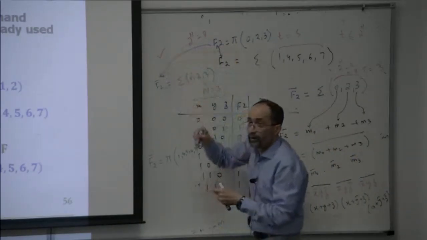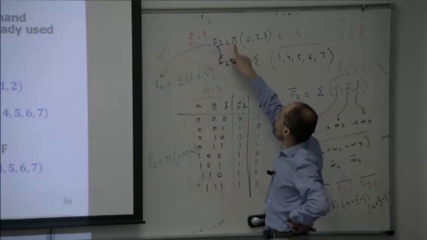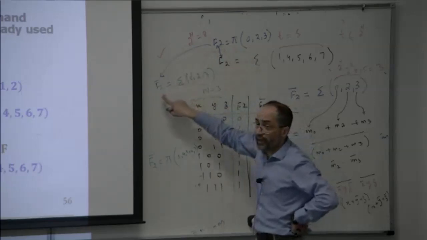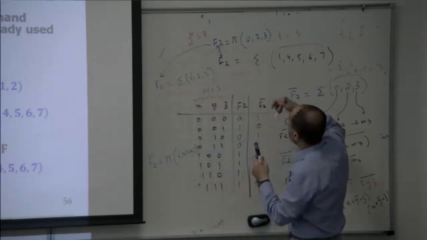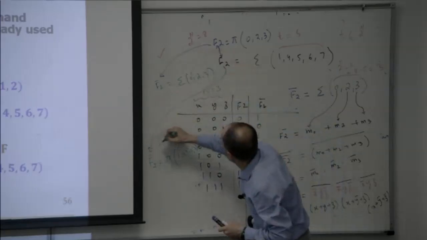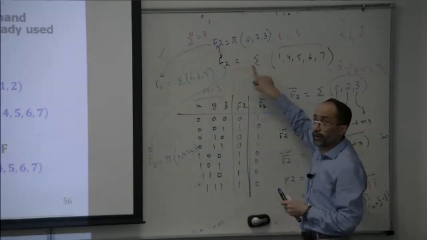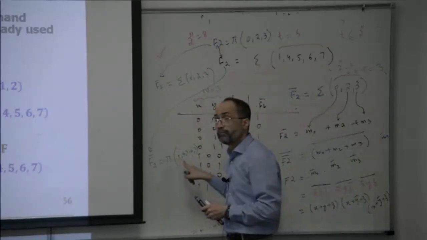Given f2 in pi, we get f2 bar in sigma. Going from f2 in sigma, we get f2 bar in pi.